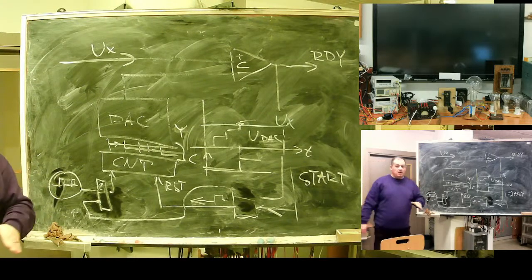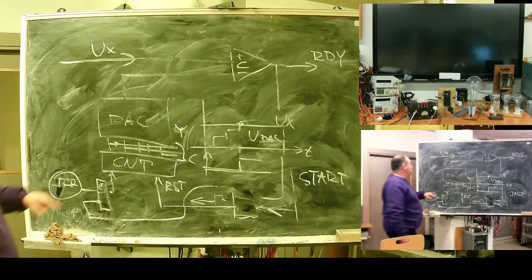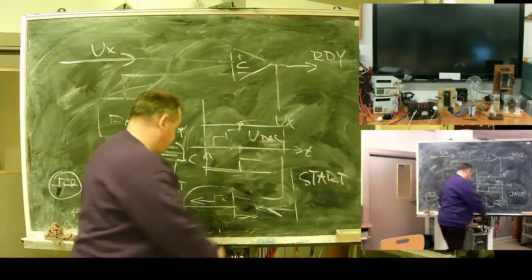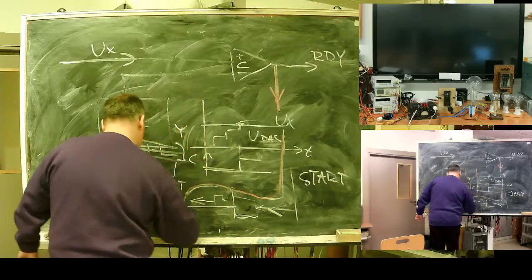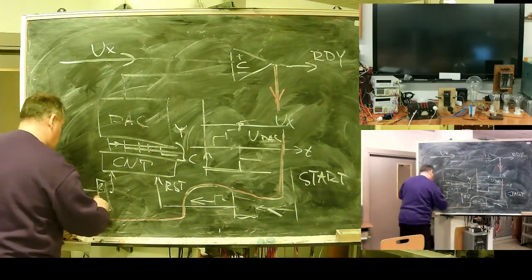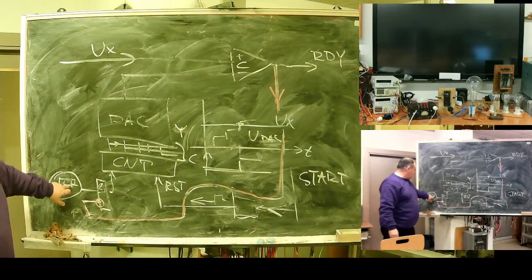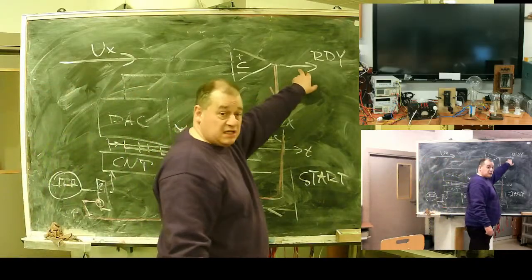How does it work? Sequential approximation. Reset, voltage 0, and then voltage grows until it reaches the input voltage. At this moment, the ready signal blocks the clock from the counter, the counter is frozen, and the ready signal is formed.